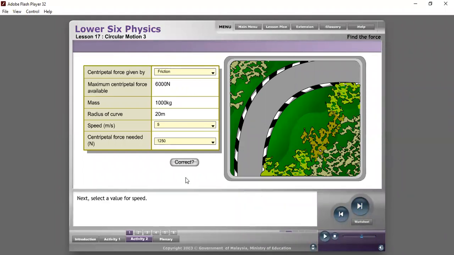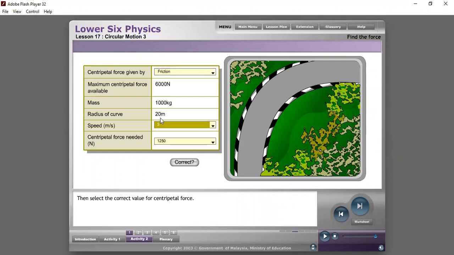Next, select a value for speed. Let's say starting with 5. Then select the correct value for centripetal force. So mv squared over r: m is 1000, v is 5 squared, over r.